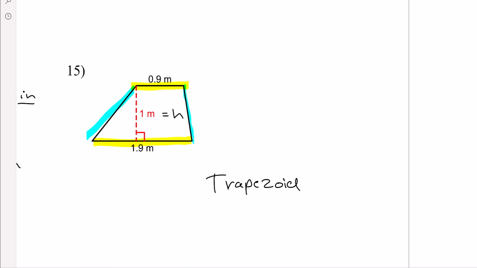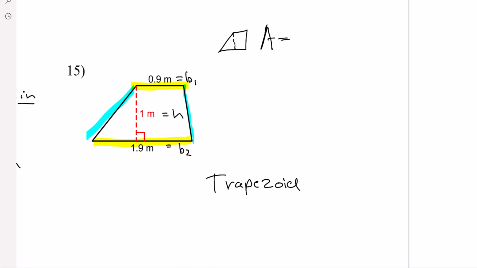So the yellow lines are parallel, and I usually call the top one base 1 and the bottom one base 2. You could do it in reverse. That part doesn't matter.